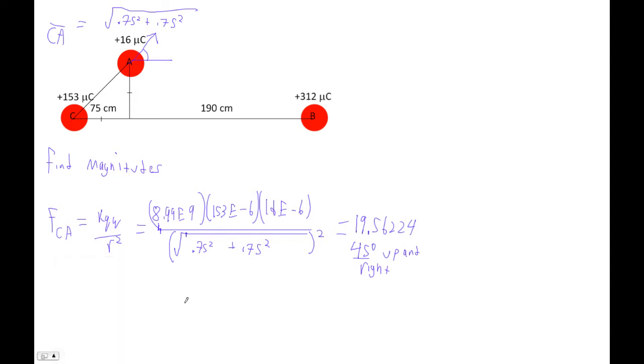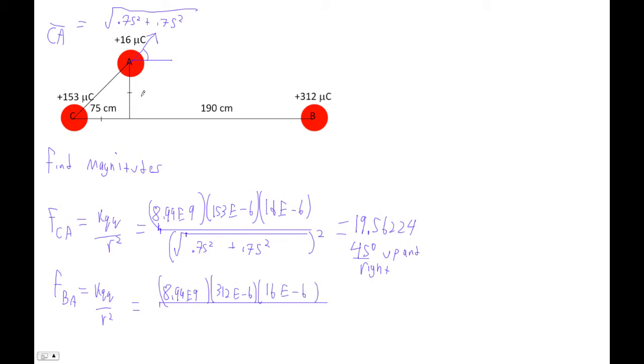All right, so now let's find the force of B on A, which is of course going to be k Q Q over r squared. So that's going to be 8.99 E9, B is 312, and A is 16.